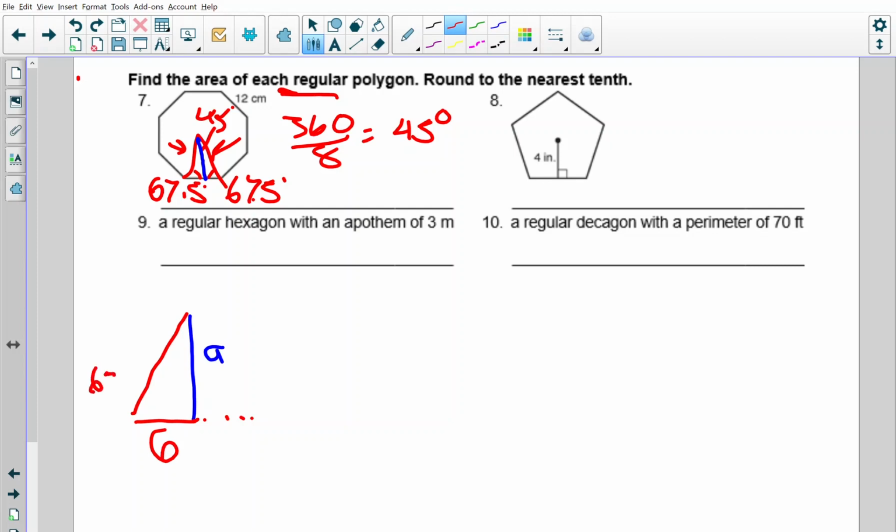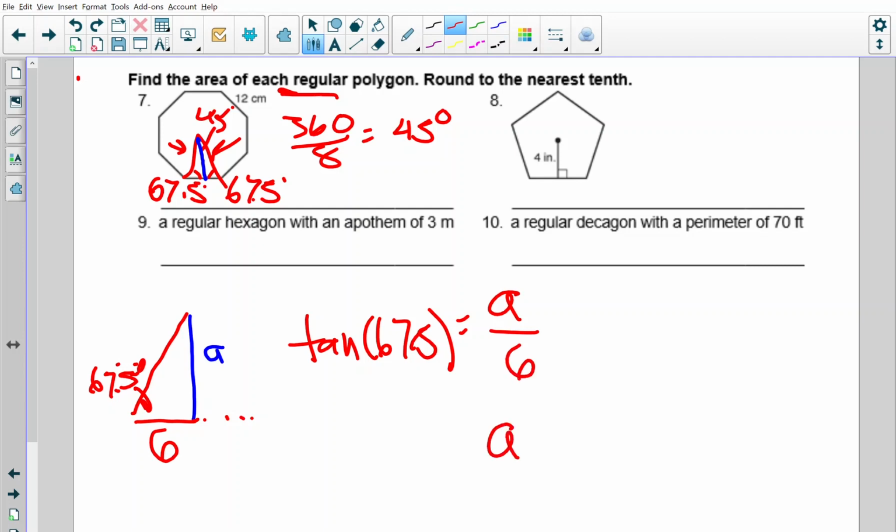And if this is 67.5 degrees, whoops, right here, we know that the tangent of 67.5 has to be equal to the opposite over the adjacent. So the apothem has to equal 6 times tan of 67.5.